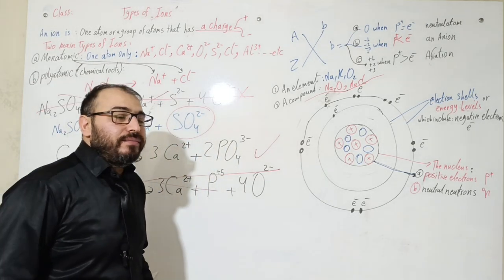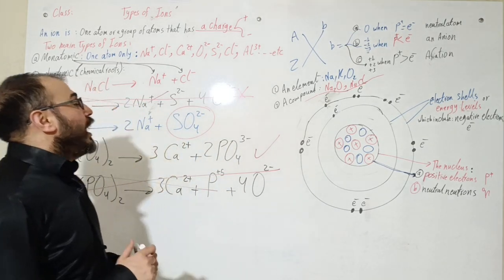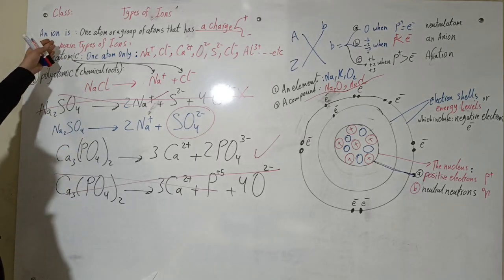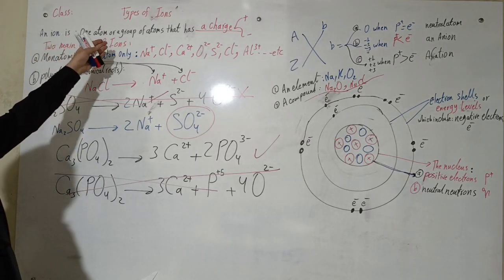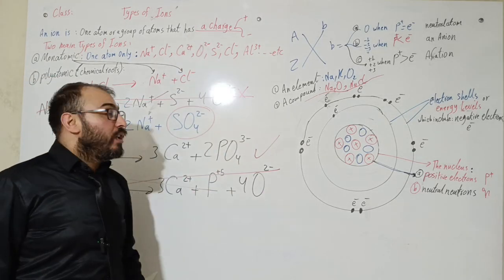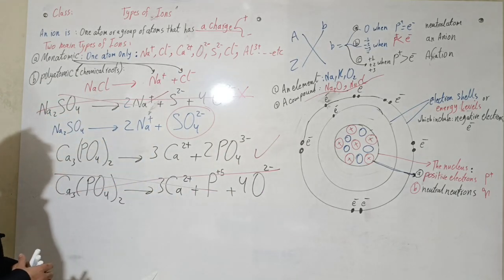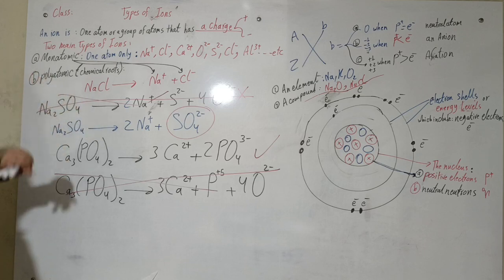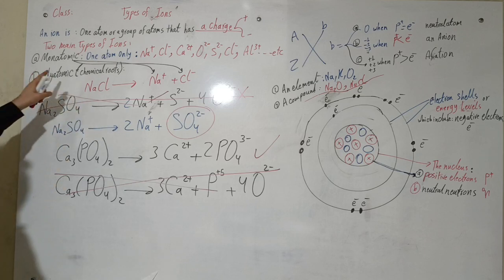So, my friends, in short, we have learned today about ions, and we said that an ion is one or a group of atoms that has a charge. And we said that we have two types of ions, monatomic ions or monoatomic ions, as some references mention.